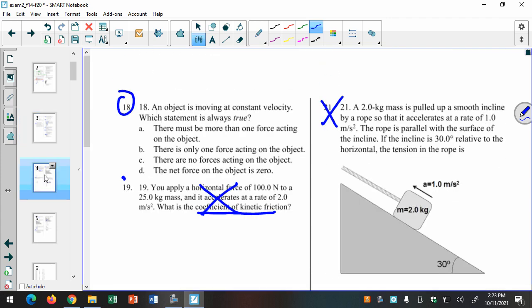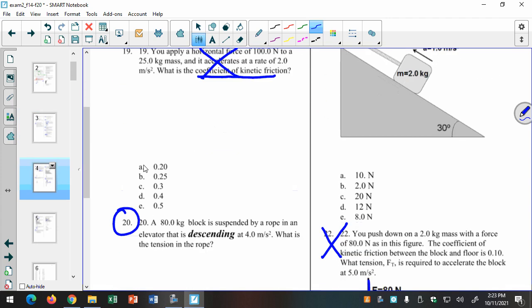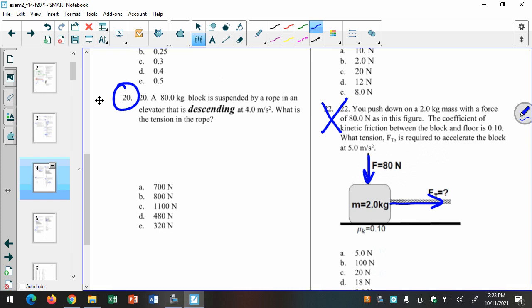Let's look at, for example, number 20. We did a couple of these today, right? Remember the elevator problems? So I have an 80 kilogram block. Let me put my units on there. Remember, you have to be careful dealing with masses and forces.